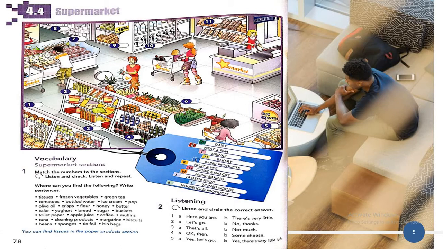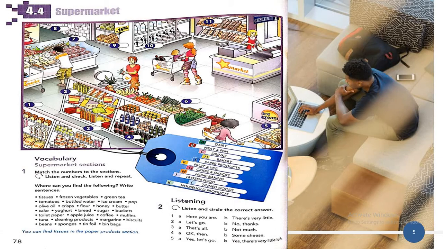Okay, good. So, vocabulary, we have supermarket sections. Our lesson today will be about supermarket sections. Good. Now, match the numbers to the sections. Listen and check. Listen and repeat.